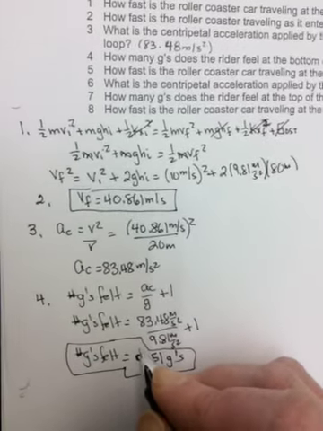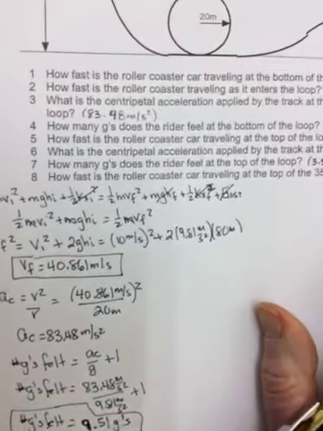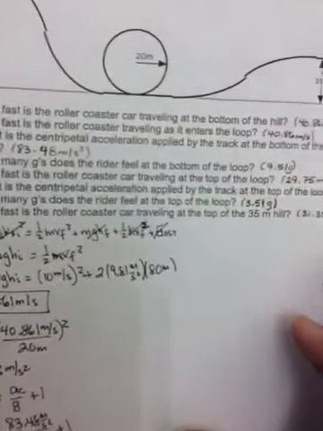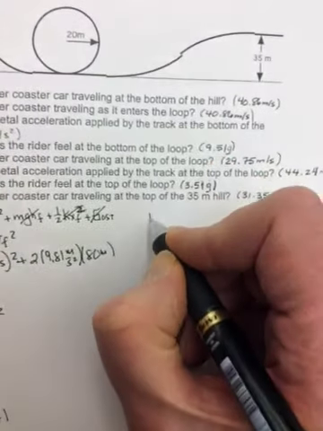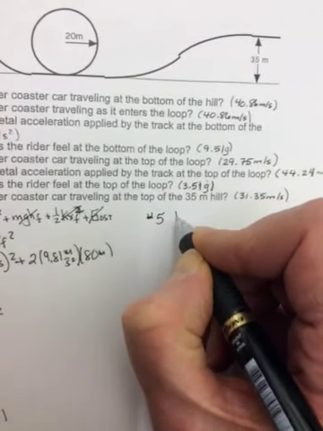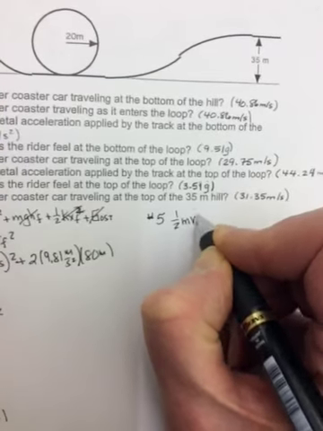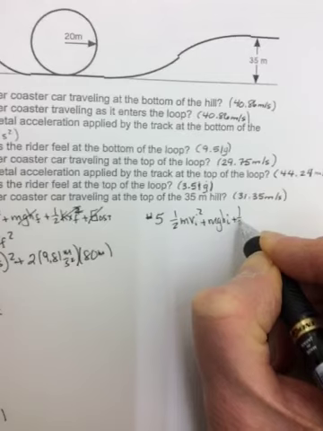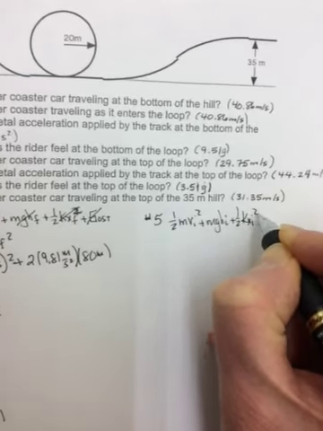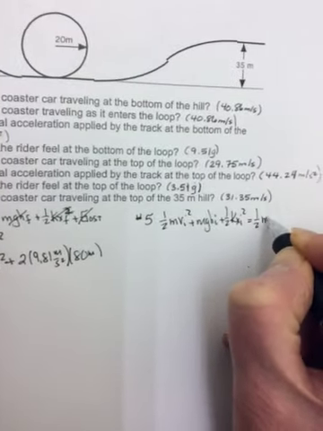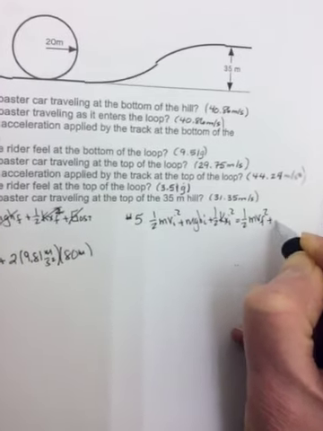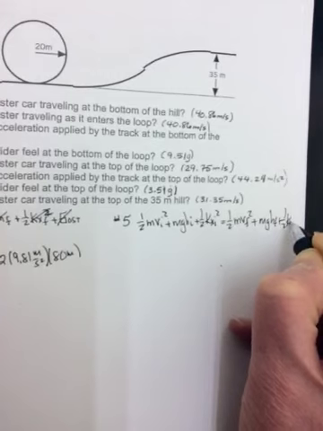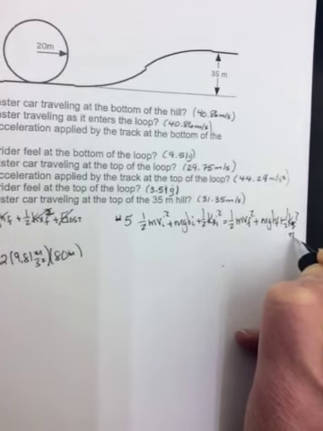Okay, number 5 says, how fast is the roller coaster traveling at the top of the loop? At the top of the loop, it's a change in height. And if it's a change in height, then use energy again. So 1/2 mv initial squared plus mgh initial plus 1/2 kx initial squared is equal to 1/2 mv final squared plus mgh final plus 1/2 kx final squared plus E lost.